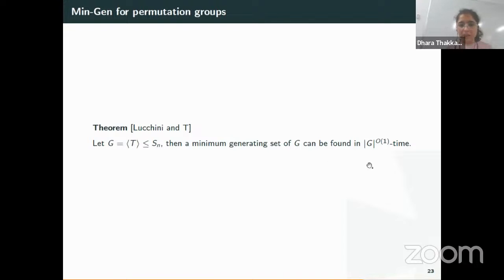The running time of the algorithm is polynomial in the size of the group, whereas in this representation the input size is polynomial in log |G|. So this theorem is still better than the brute force algorithm, which is quasi-polynomial, but it is not efficient in terms of the size of the input. But the algorithm still works in this representation as well.